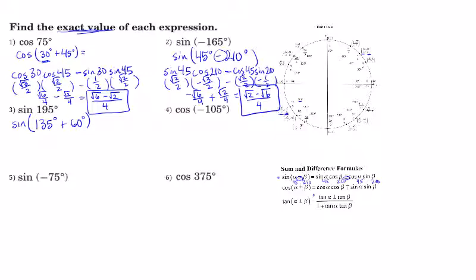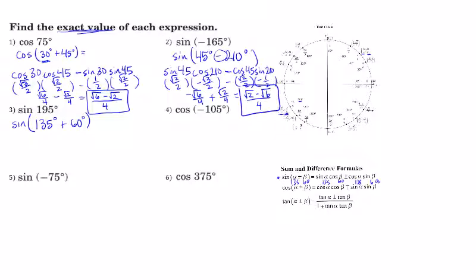So we're using the same formula here, and we have a sum this time. So we're going to put 135 here, so that means 135 here and 135 here. And then we'll do 60 here.